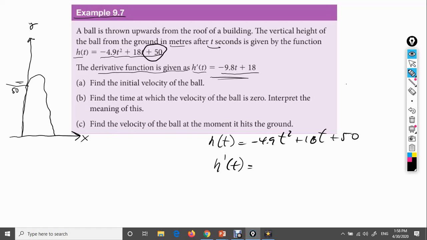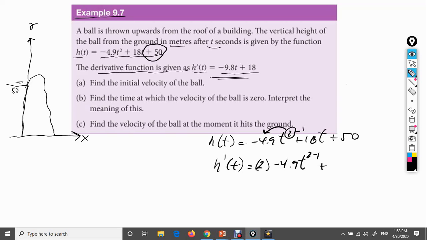So the rule for differentiation of these types of equations that are polynomial is very simple. What you have to do is grab the exponent of the variable and multiply it by the coefficient. And also you will have to subtract 1 from the exponent. So here we would get 2 times negative 4.9 t to the power of 2 minus 1.